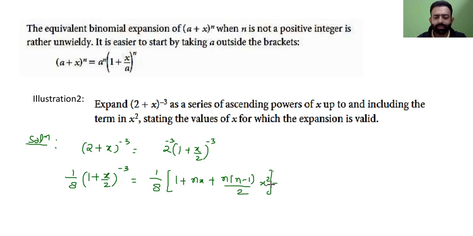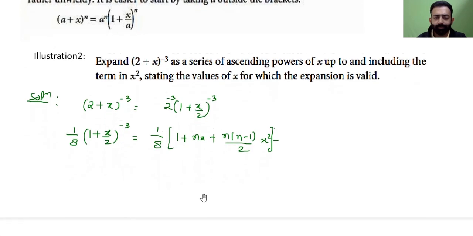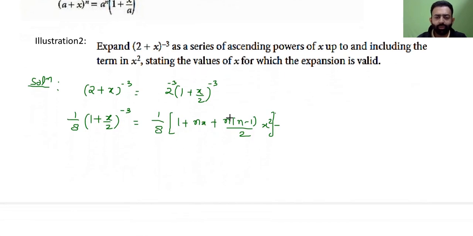Till this term we have to expand. Now putting the value of n here, we know that the value of n is minus 3, and this x we will take as x over 2. It means that x is represented as x by 2 in this formula.